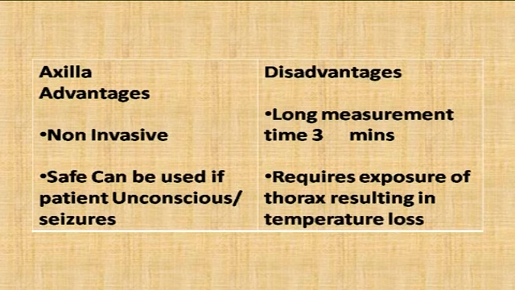We can also measure the temperature in the axilla. The advantages are that it is non-invasive, safe, and can be used if the patient is unconscious or having seizures. But it also has disadvantages, like a long measurement time of 3 minutes, and it requires exposure of the thorax, resulting in temperature loss.